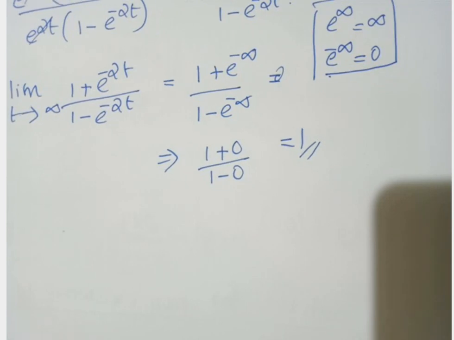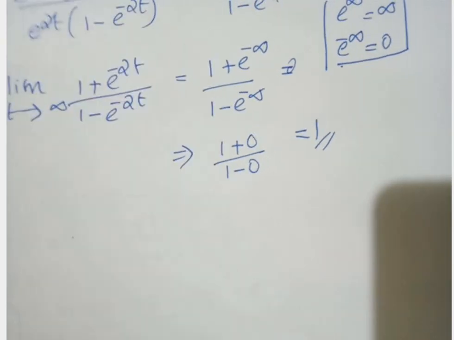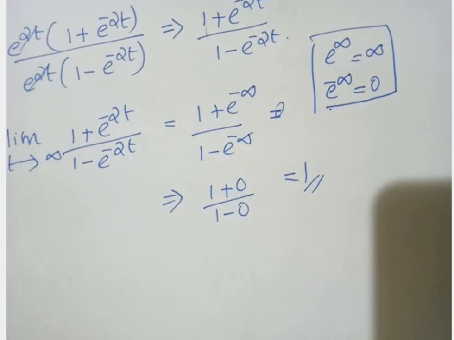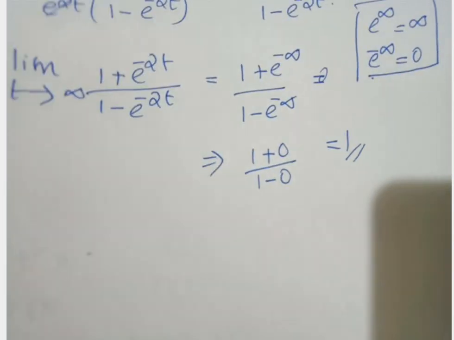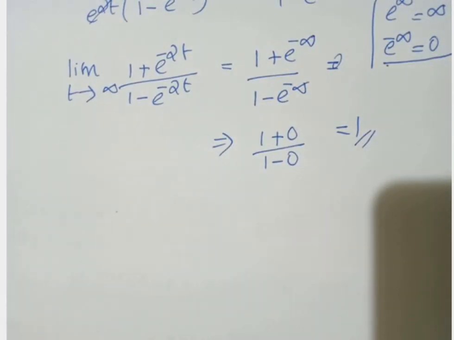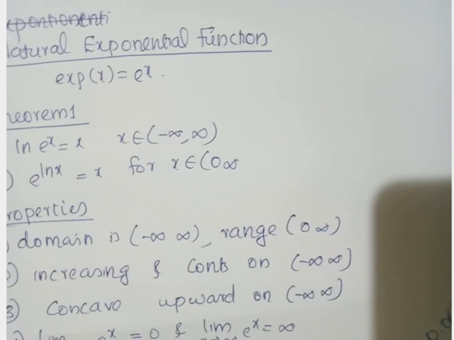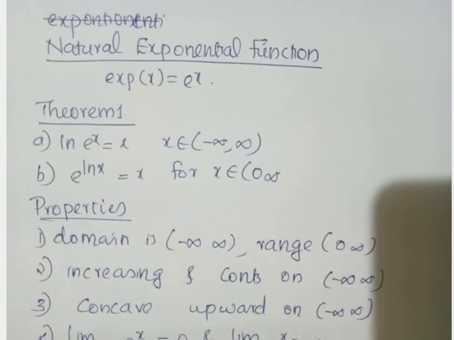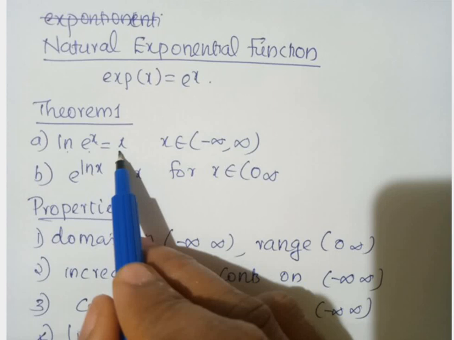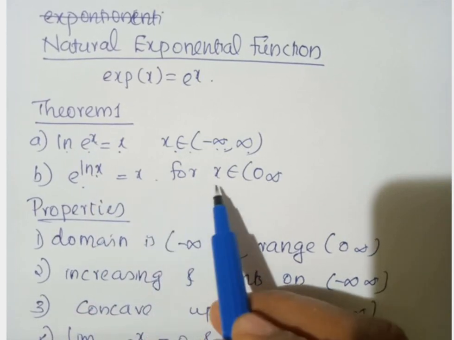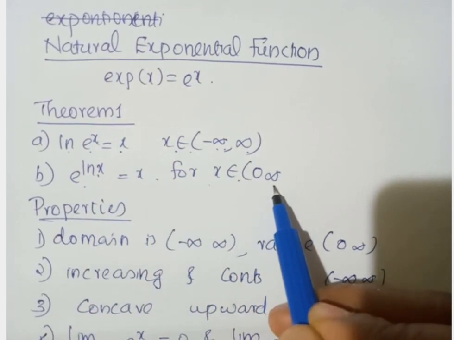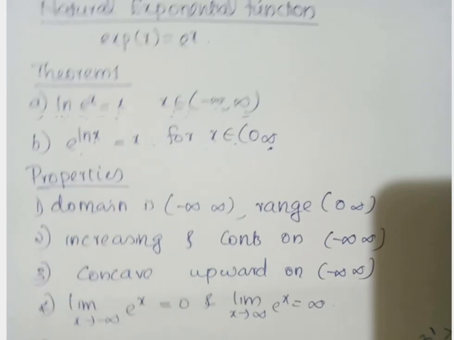Next we have to look at the integration and differentiation of the exponential function. These are the properties. ln of e raised to x is equal to x for x belongs to minus infinity to infinity. e raised to ln x is equal to x, for x belongs to 0 to infinity.